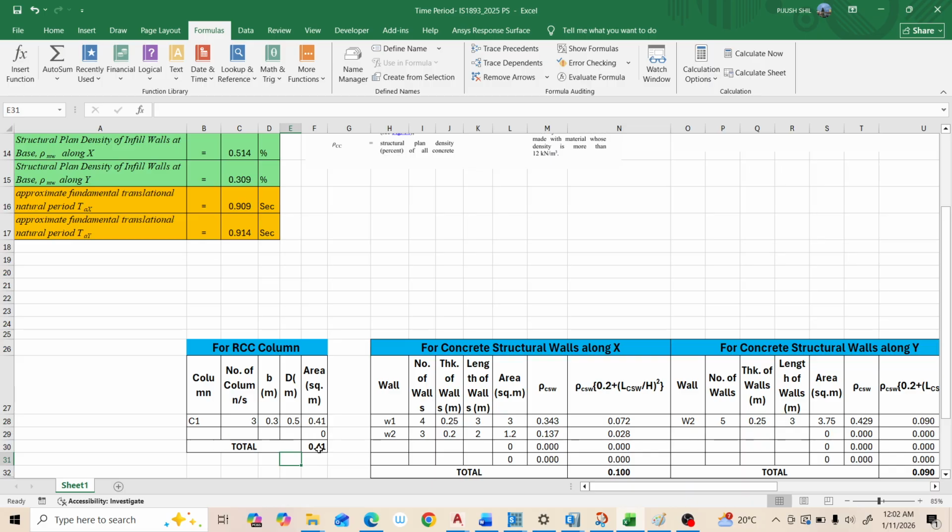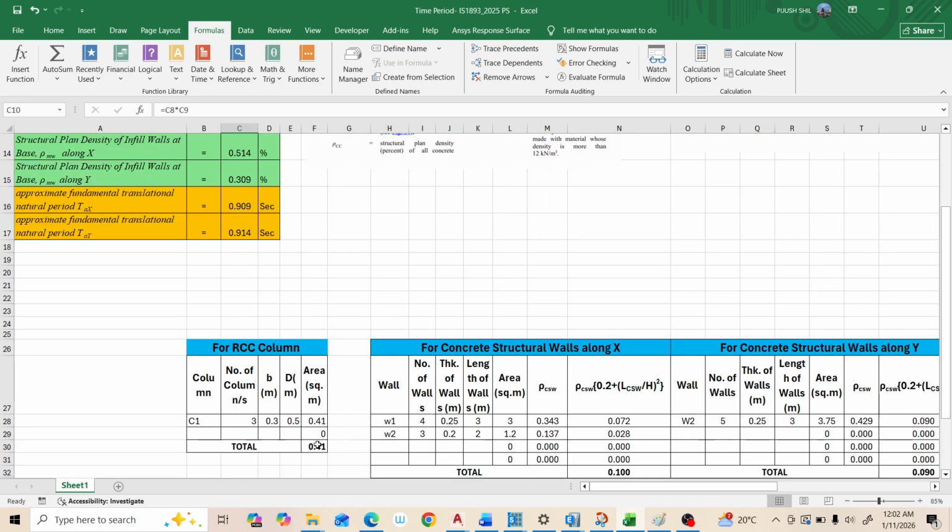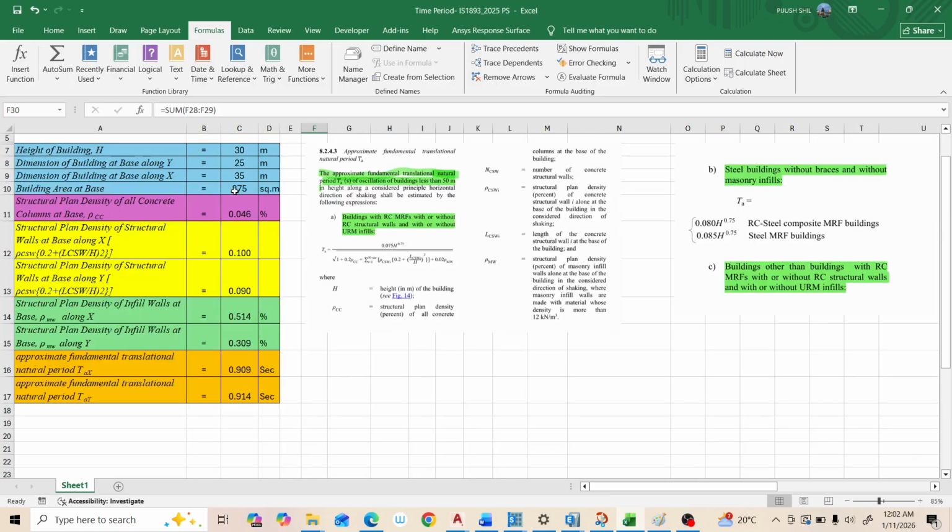This is my total column area. Then this column total area is divided by my total plan area 875. In terms of percentage, I need to calculate this one, 0.41 divided by 875 into 100. If I do like that, I can get this ratio in percentage.